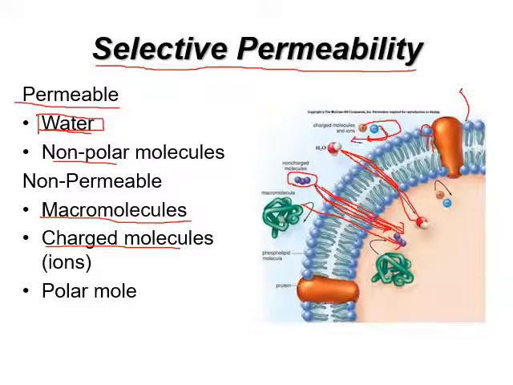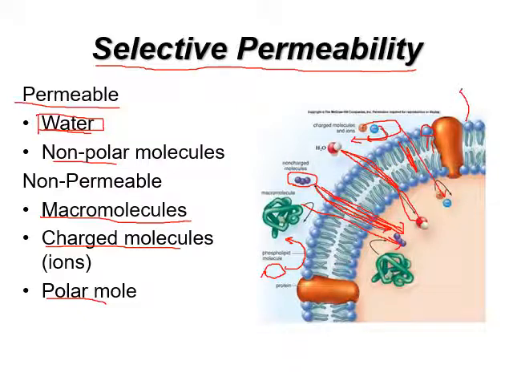They get shunted away. They can't make their way through. Okay? And then also polar molecules. Not shown here, but say glucose. Glucose is a polar molecule. It's not huge, but it's bigger than water, and it's polar. All right, it would also be shunted away.